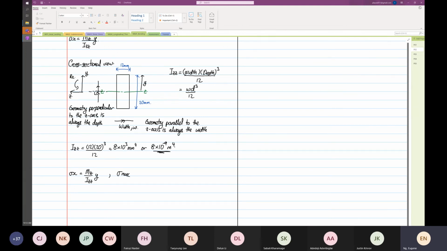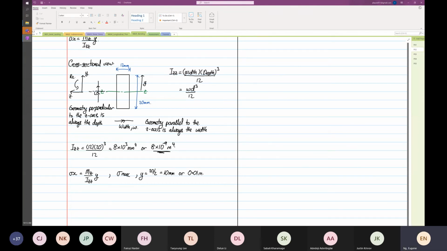So y in our context will be equal to 10 millimeters, or 20 divided by 2, because it's from the neutral axis. So 20 divided by 2 is equal to 10 millimeters, or 0.01 meter.